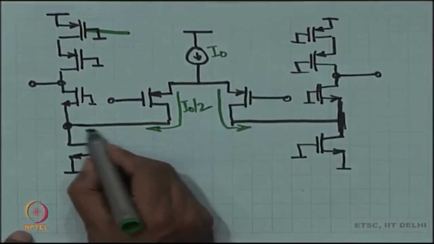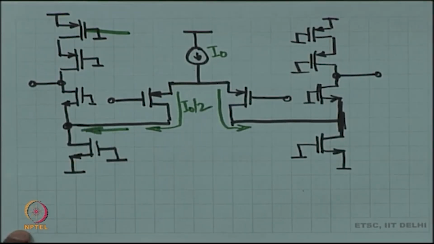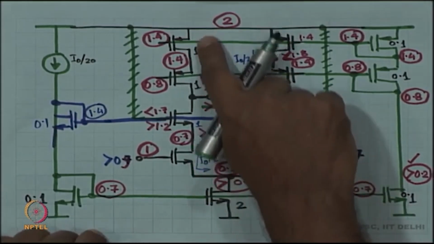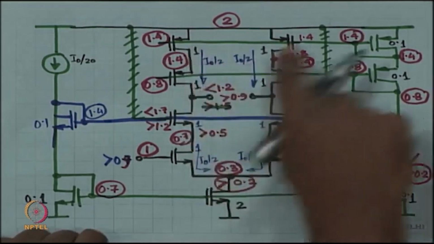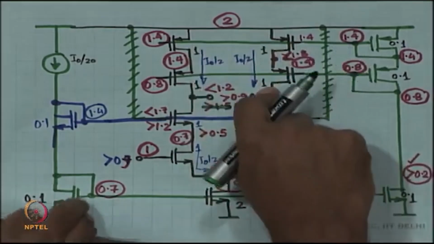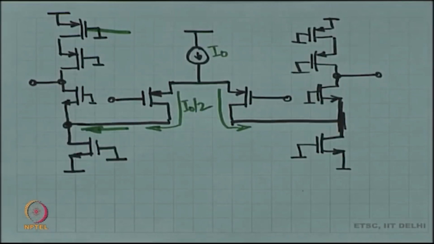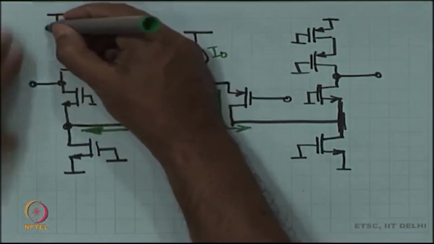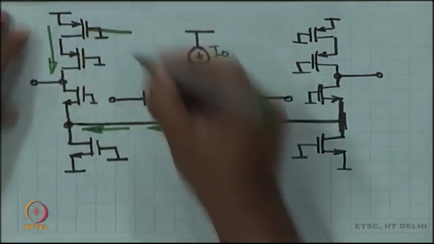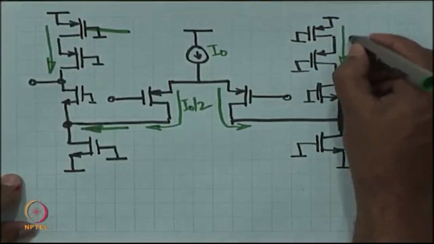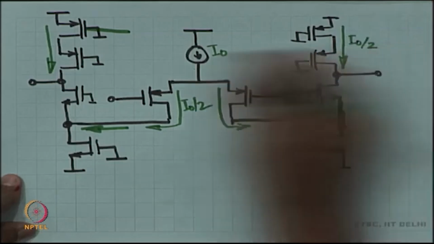So, I naught by 2 current is flowing this way, and remember in the earlier case, you wanted the same current to flow through the active load. So, this is your active load. These two currents also should be I naught by 2.